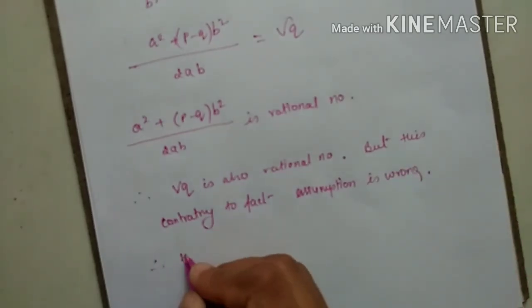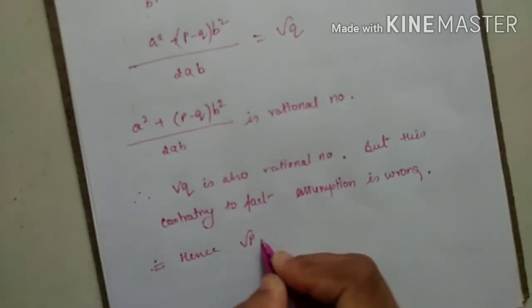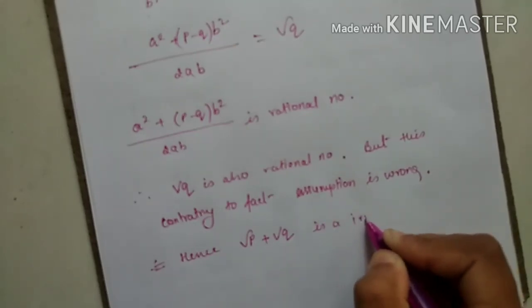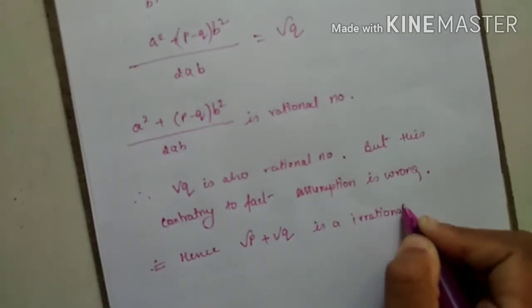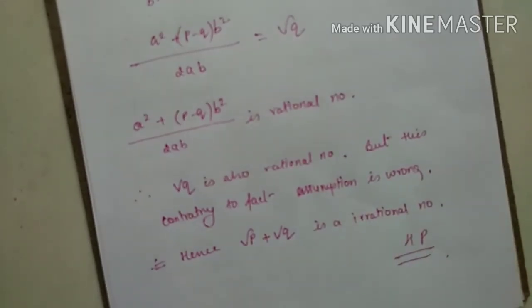Therefore, hence you can write, because we have to write only solution: root p plus root q is an irrational number. Hence proved. This is the last question of this exercise.